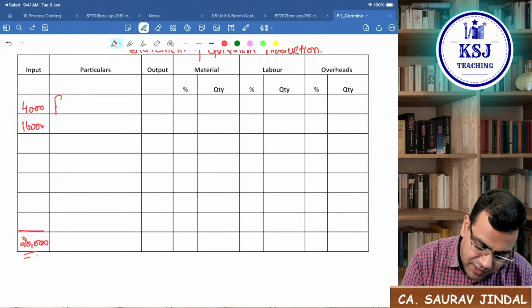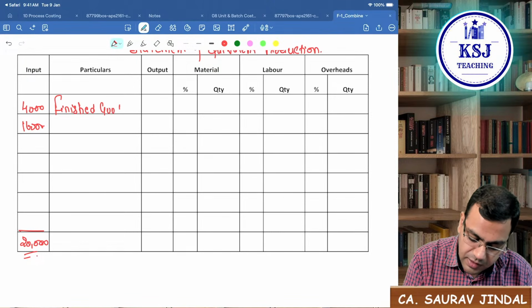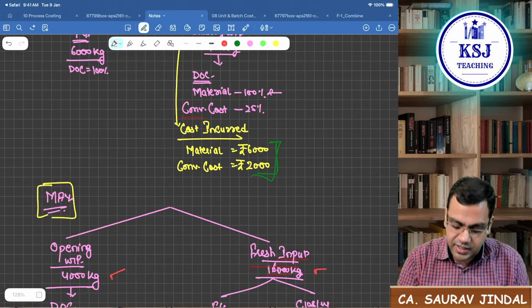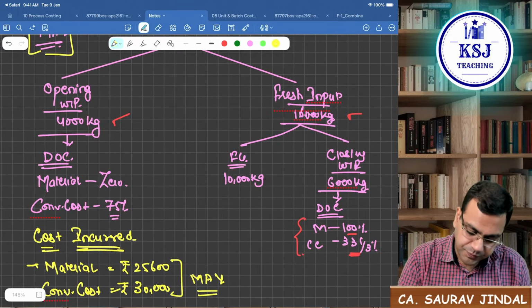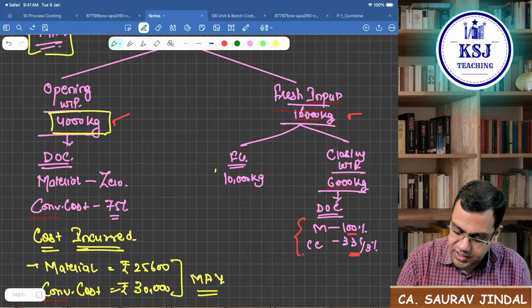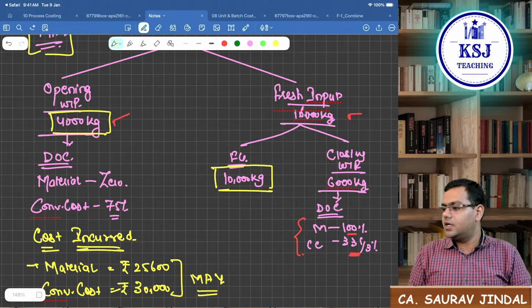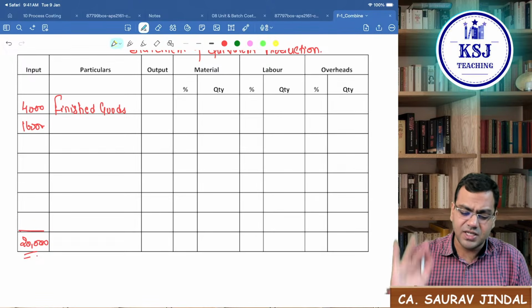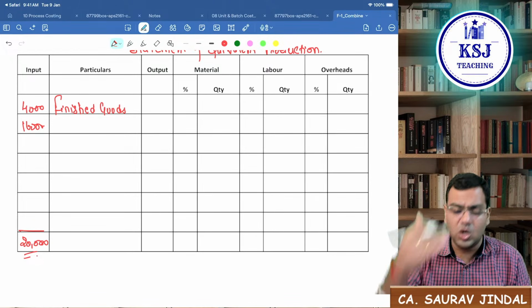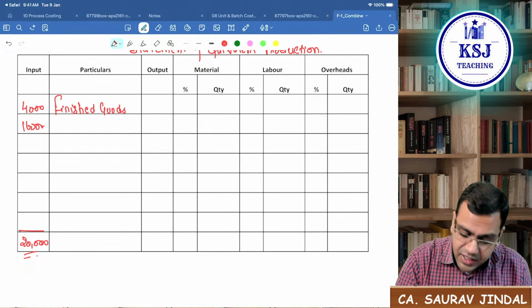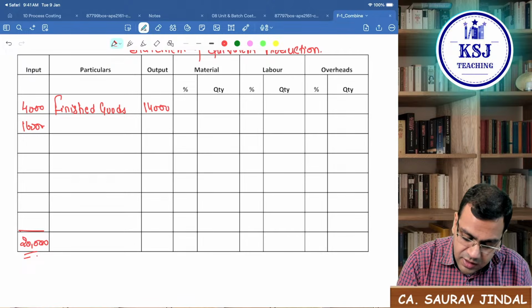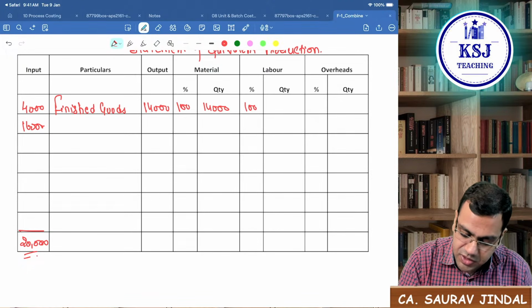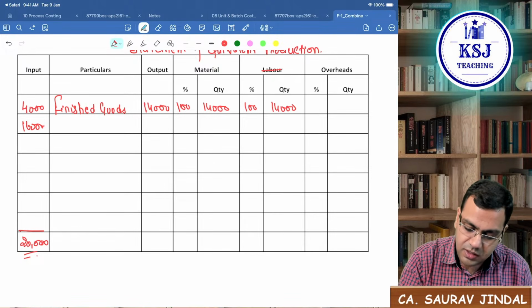So we write finished goods. How many finished goods will be there? 4,000 kg plus 10,000 kg. He says take the finished goods, whether the work is done in the previous period or this period, I do not know. So total completed is 14,000 units, 100% degree of completion on these 14,000 units.